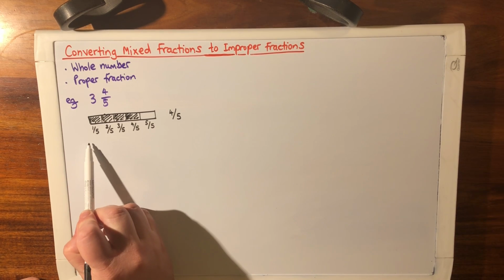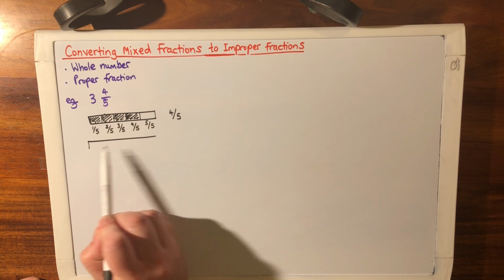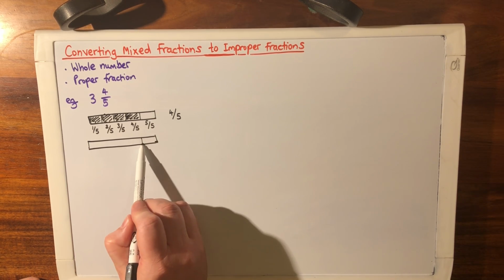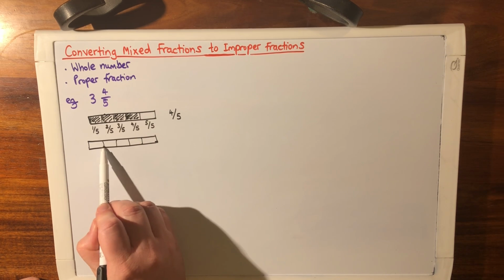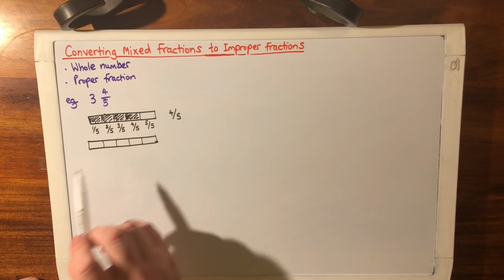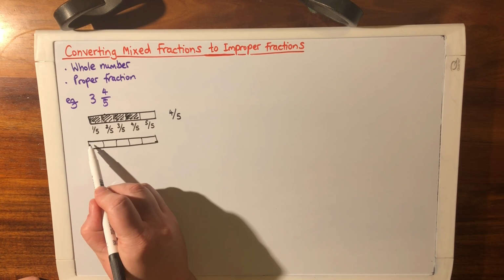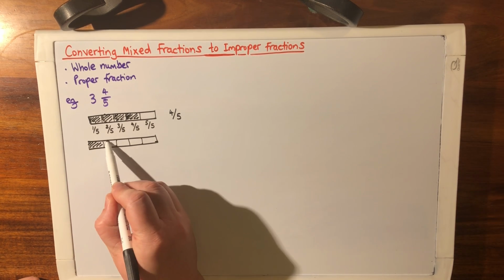So if we were to draw another whole, again dividing it into fifths, we would be counting all 5/5, because that would be a whole.